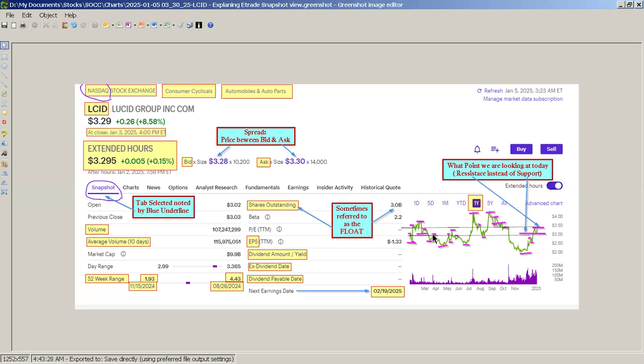When it goes up to this point here, because the stock is going up, this becomes a point of resistance. It's resisting going up any higher. And if it breaks over that and goes above that line, you're going to plan for this stock to go to the next line, which will be here. So this would be a point of resistance, and then that will become a point of resistance.